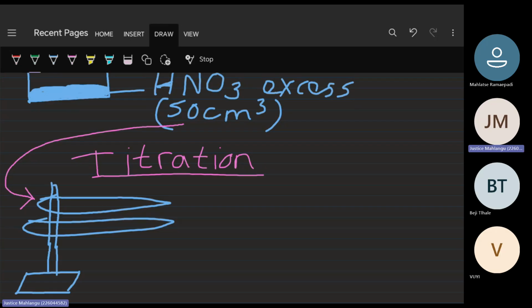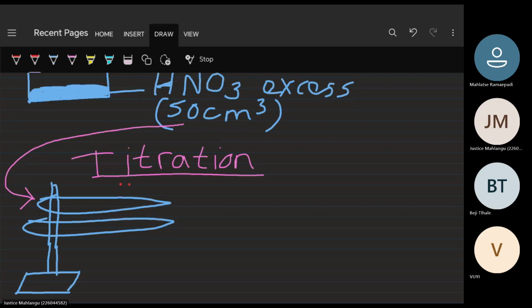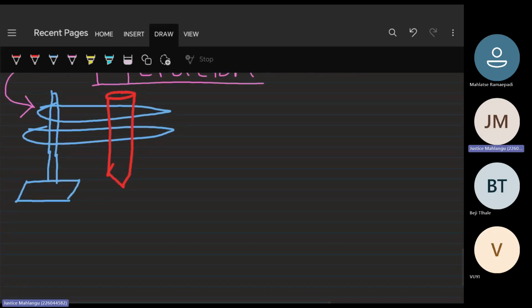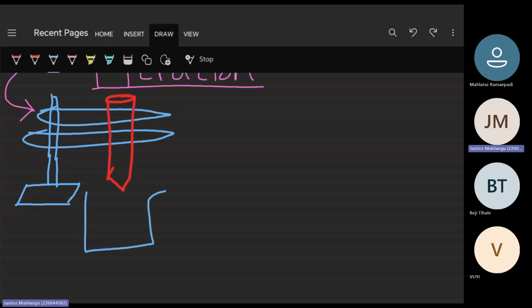So we know that there's a burette here, and below this burette, there's a beaker, of course. This is my beaker here.